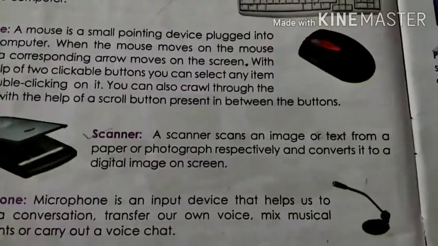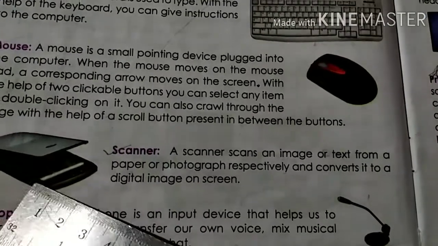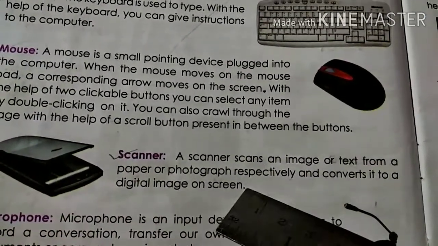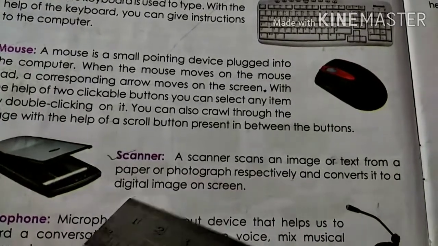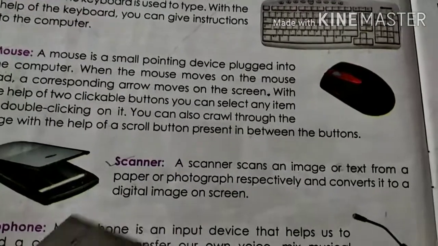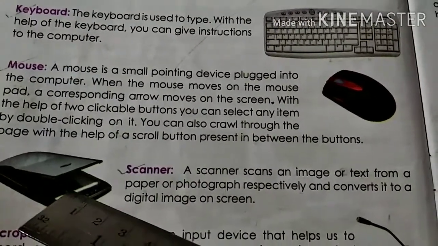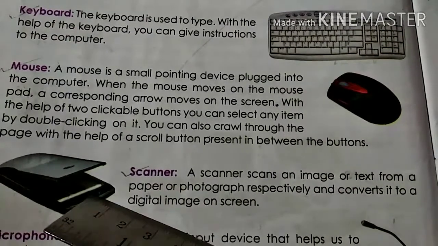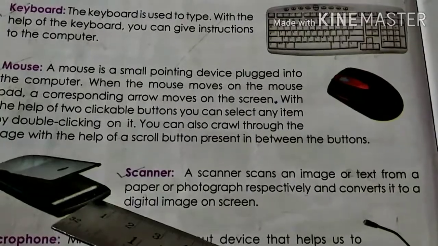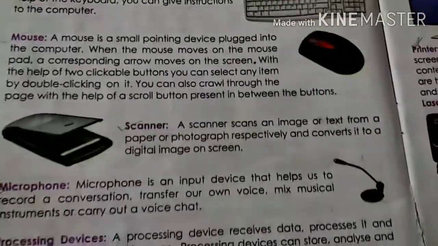We can scan the document with the help of this machine, and you can send the digital images to the next person, and he can take printouts of those images as a document. You can see this machine looks the same as a Xerox machine, but the thing is, students, a Xerox machine gives us a hard copy, but a scanner gives us a digital image of your document.